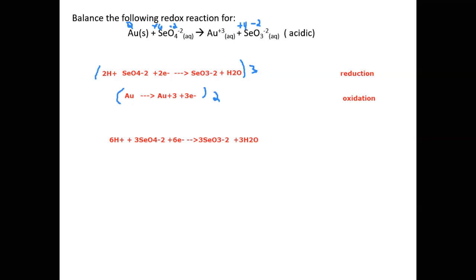Do the same thing with gold. 2Au yields 2Au 3 plus plus 6 electrons. So you see here, overall charge is 0. Here it's 0 plus 6 and negative 6. Here we have negative 2 overall charge and negative 2 overall charge. So the charges are balanced.